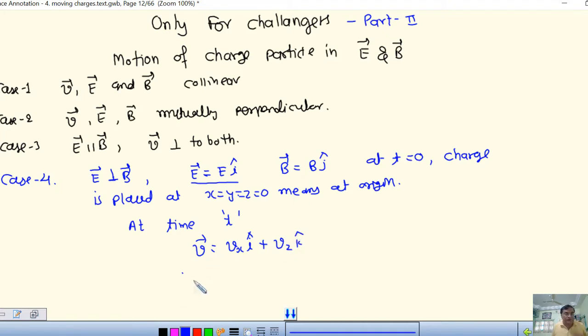Okay, so this is the velocity, and the force acting on it is QE plus Q V cross B.